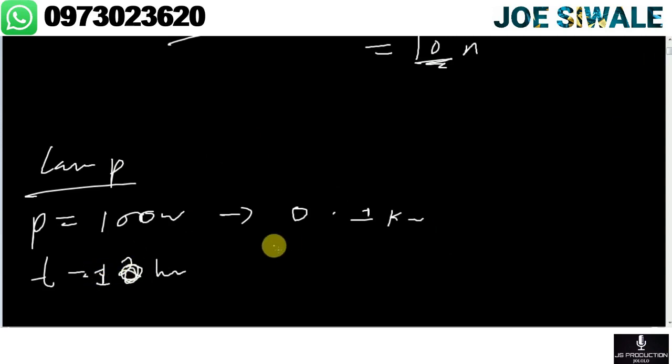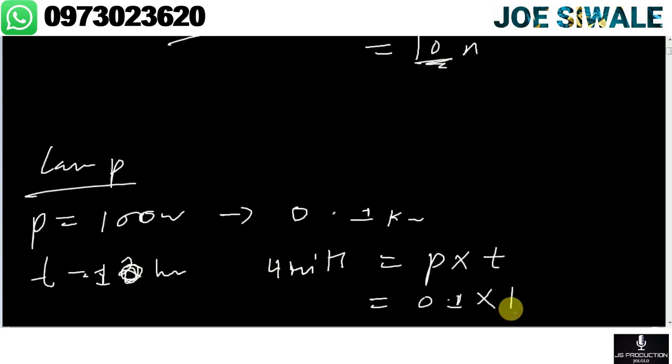And for us to calculate the units, we are going to say power multiplied by time. Power is 0.1 multiplied by time, which is 10. So the units there will be 1 kilowatt hour.